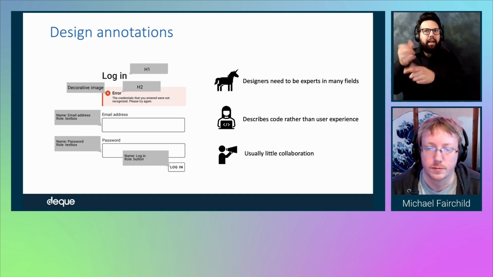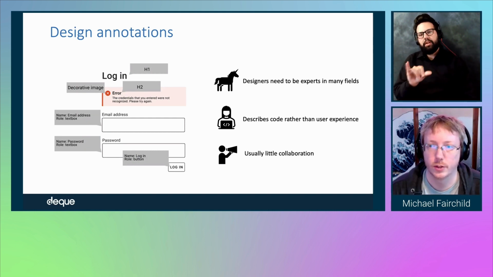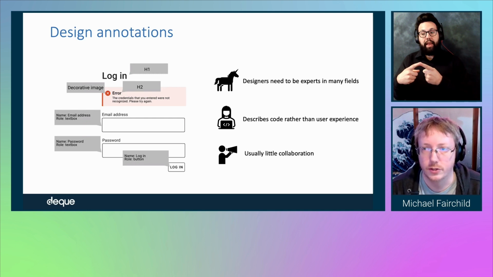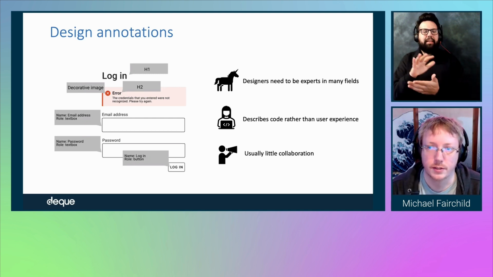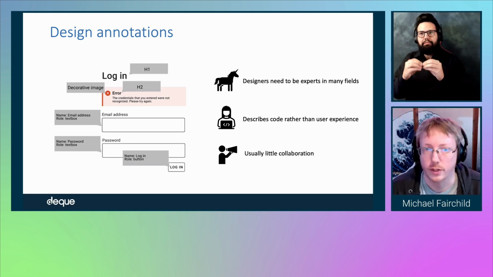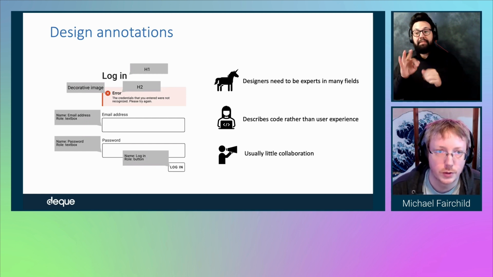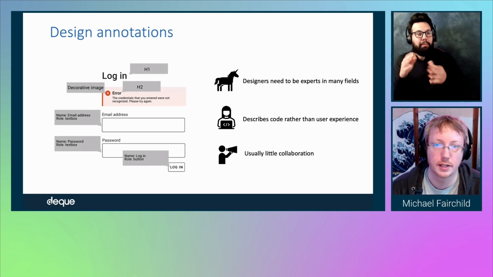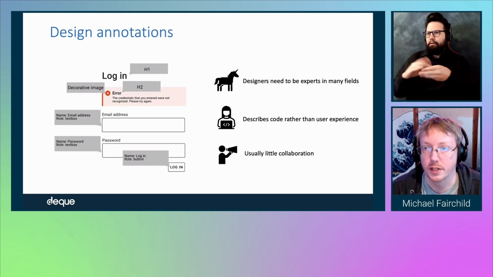There's also usually very little collaboration between whoever is doing the annotations and the rest of the development team, and this can lead to arguments. It can lead to friction. It can lead to issues down the road where whoever's building or testing the thing might not agree with the annotations, or might find it difficult to actually achieve what the annotations are trying to say from a technical perspective.